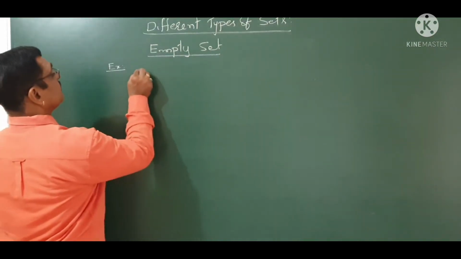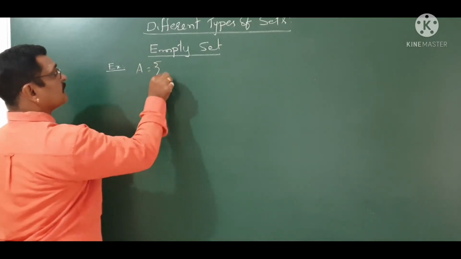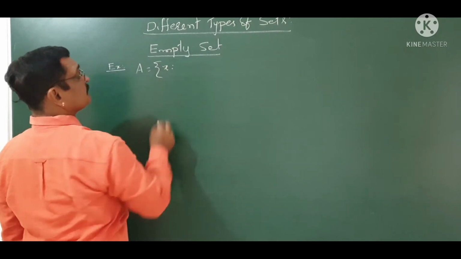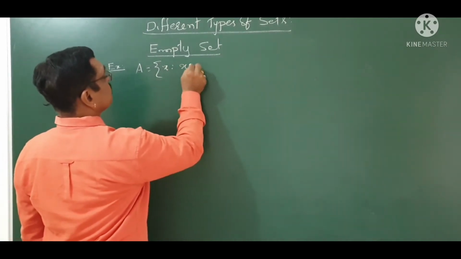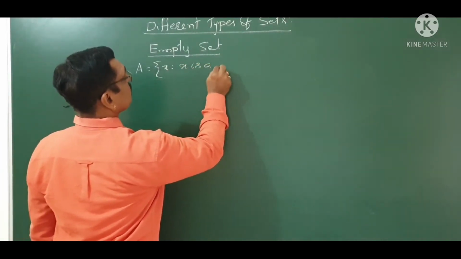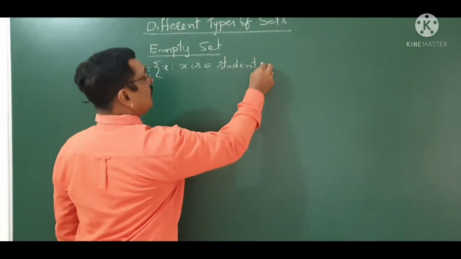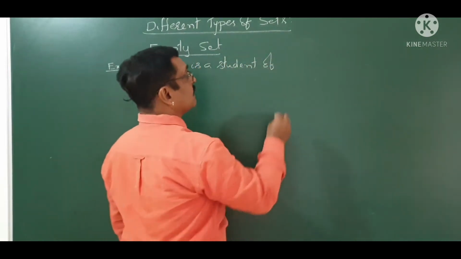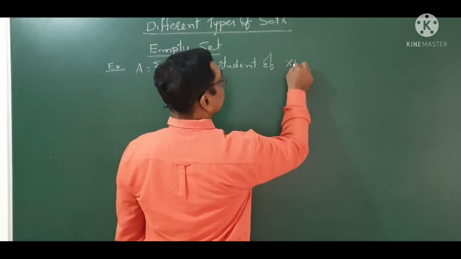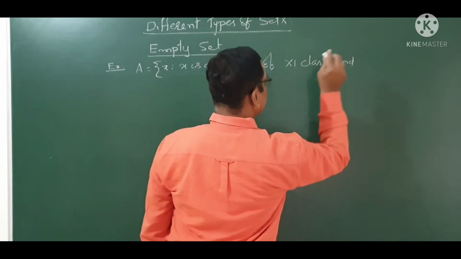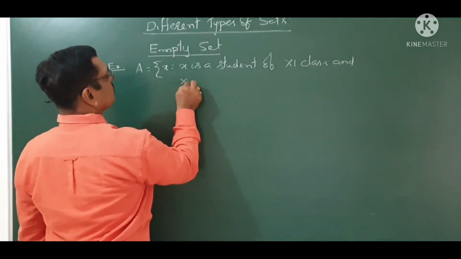Set, let's say A is equal to x such that x is a student of 11th class and 12th class.